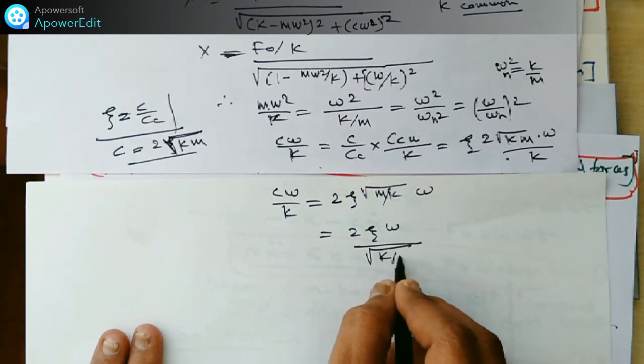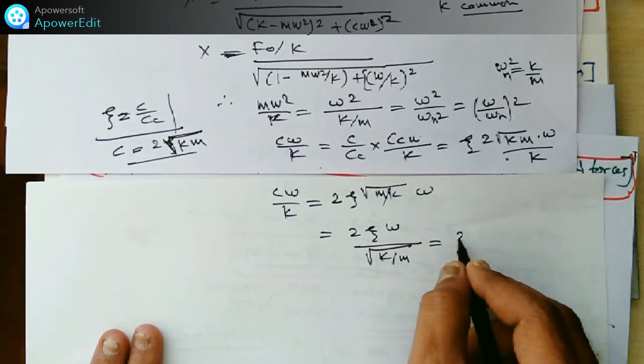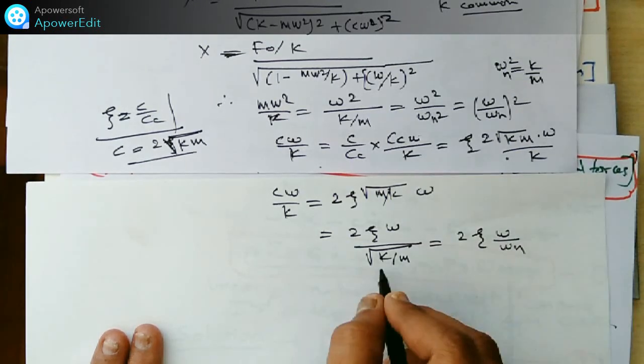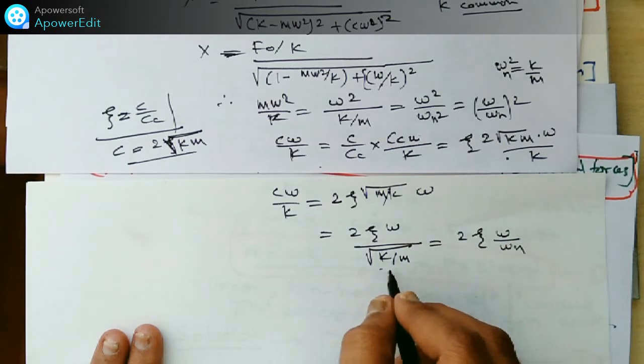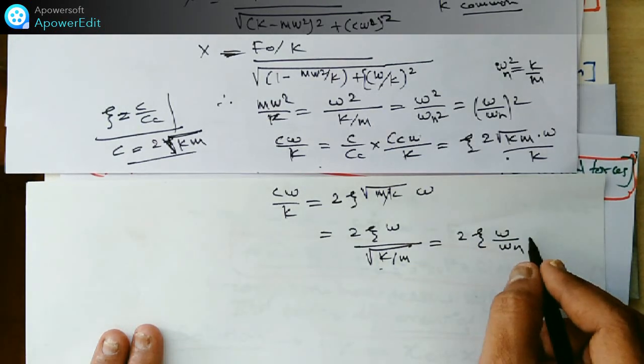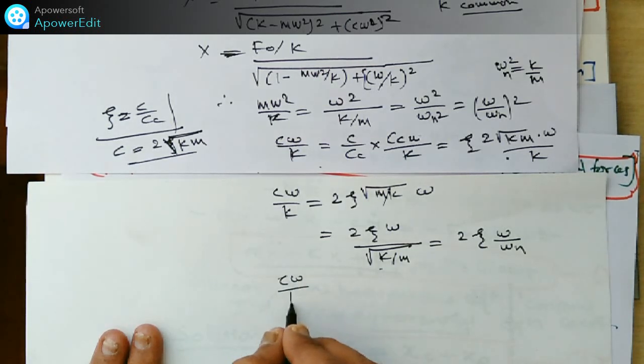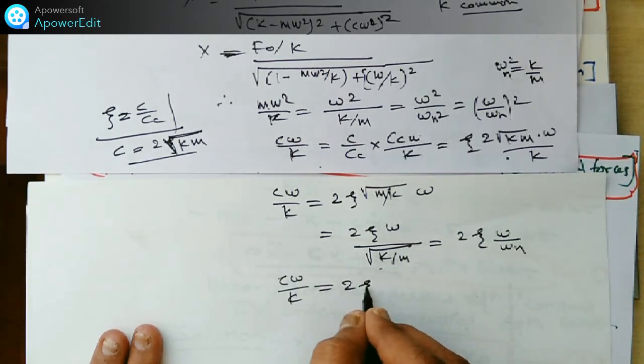We can write this as twice zeta omega by omega n, because omega n is equal to the square root of k by m. So c omega by k is nothing but twice zeta omega by omega n.